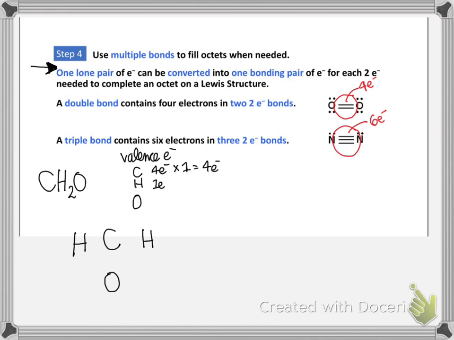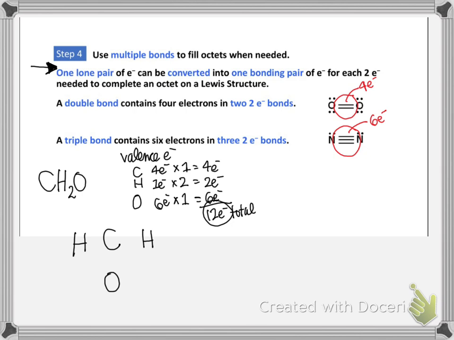Hydrogens have 1 valence electron, but there's 2 of them in our formula, so that is 2 electrons. And then oxygen is in group 6A. There's only 1 oxygen in this formula, so that's 6. So we have a total of 12 electrons that we have to place. Okay, so that's step 2.